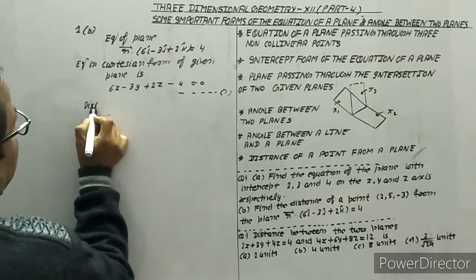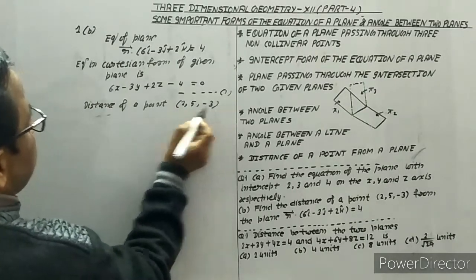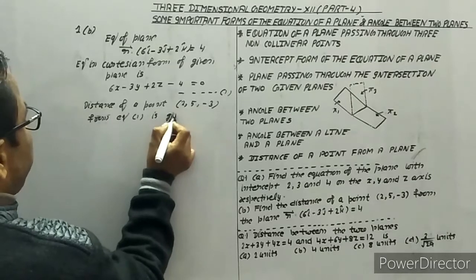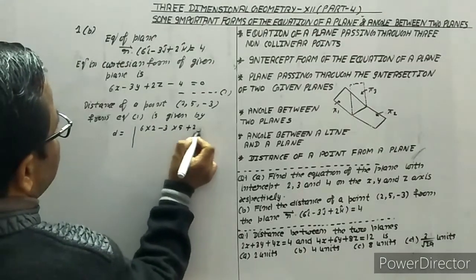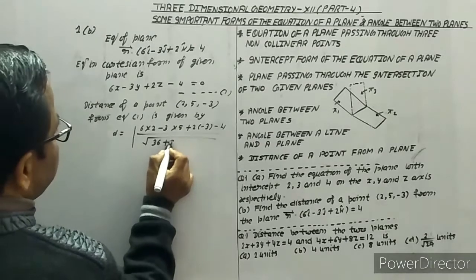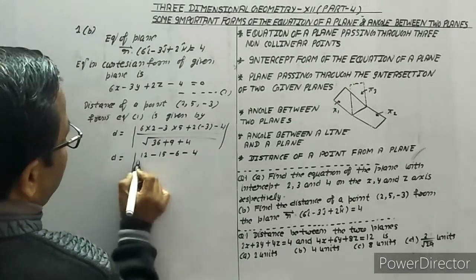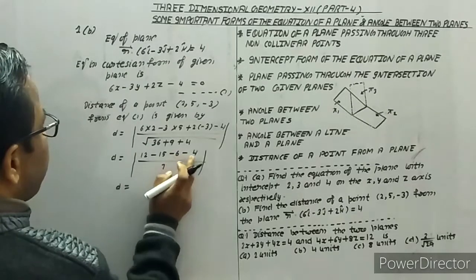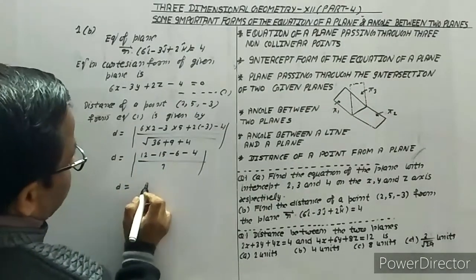Now the distance of the point (2, 5, minus 3) from equation 1 is given by d is equal to 6 into 2 minus 3 into 5 plus 2 into minus 3 minus 4 upon under root 6 square 36 plus 3 square 9 plus 4, which is 7. So d is equal to 12 minus 15 minus 6 minus 4 upon 7, which is minus 13 upon 7.